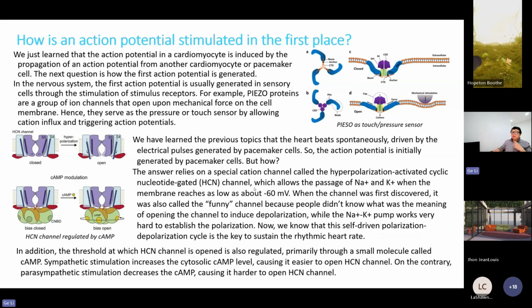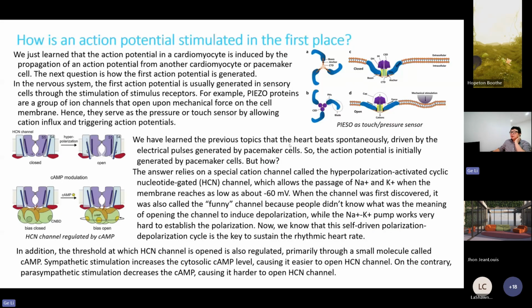It's a long word, but the word makes sense. Let's first focus on the first two. Hyperpolarization activated. The H means hyperpolarization activated. N means nucleotide, gated, whatever. What do you mean by hyperpolarization activated?